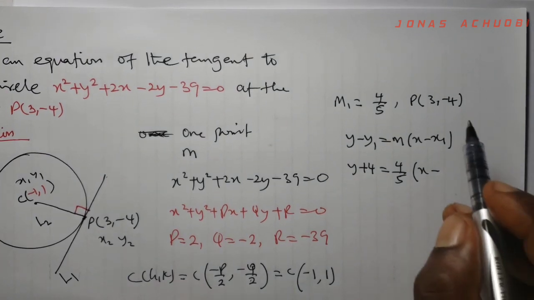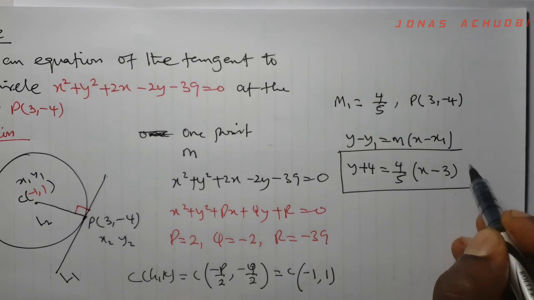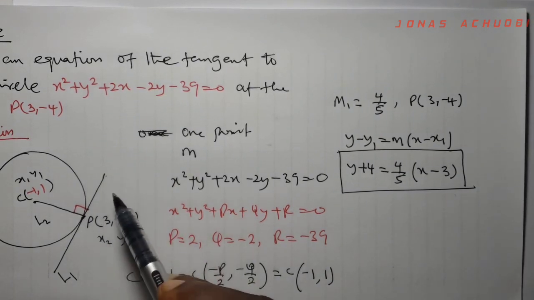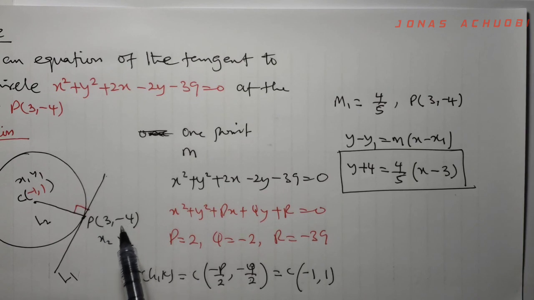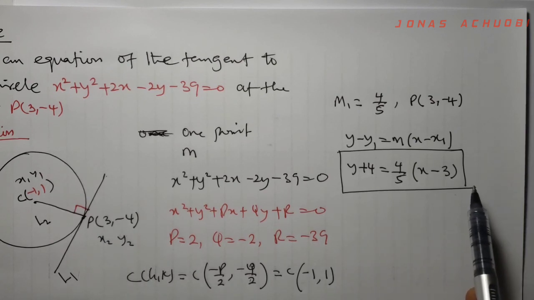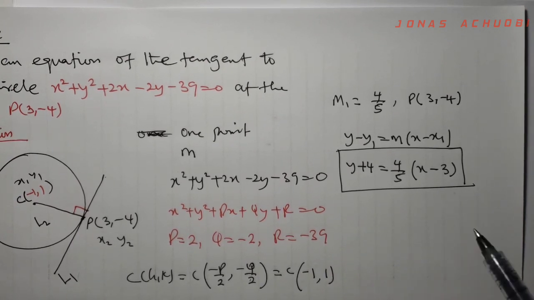And our x1 is 3. What we have here now becomes the equation of this tangent to the circle at the point (3, -4). Of course, you can go ahead and expand this equation and leave it in what you call the slope-intercept form. I hope you understand the problem.